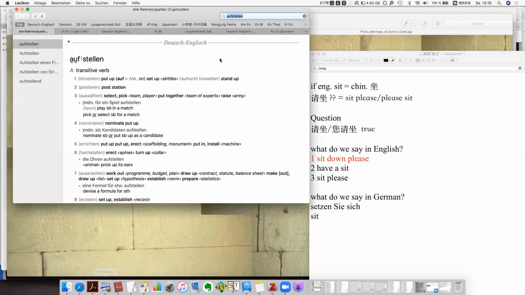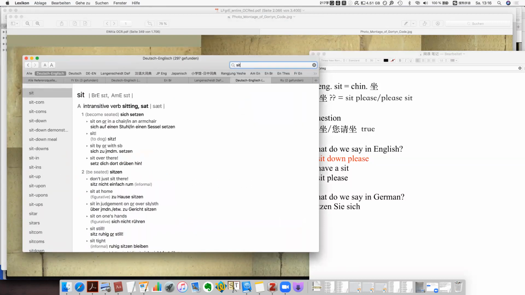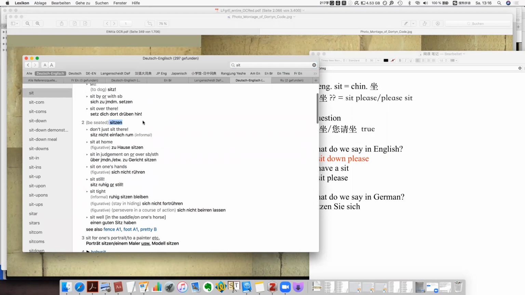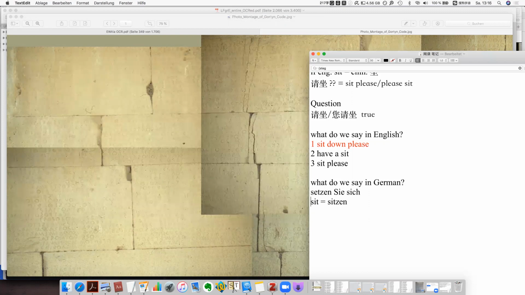If you check a German-English dictionary and put in seat, you would see sitzen. So seat we would usually translate as sitzen. But we would not say in German bitte sitzen. This is quite weird. We would not say bitte sitzen.